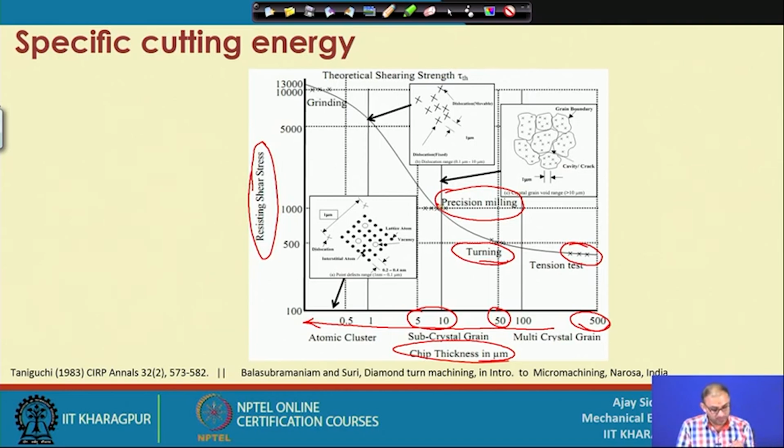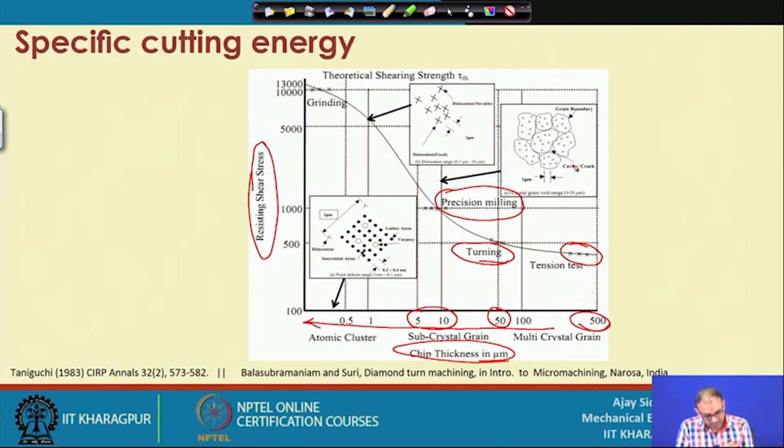When you are cutting a material at this particular stage, what will happen is that the material actually tries to find a weak point through which it can be cut. So, the cavity and the crack are weak points, the grain boundary is a weak point, and whatever void is there inside the grain is also a weak point. But right now we are talking about the 5 to 10 micron here. So, what is happening here is that this 1 micron grain will not actually play an important role, because that scale is very small compared to the uncut chip thickness.